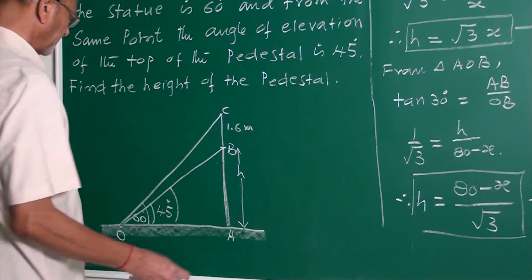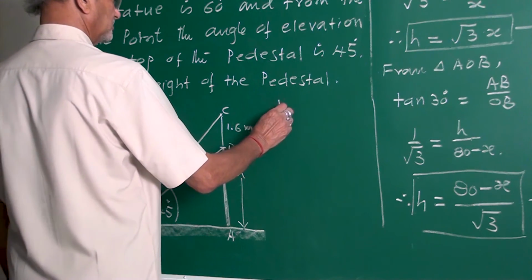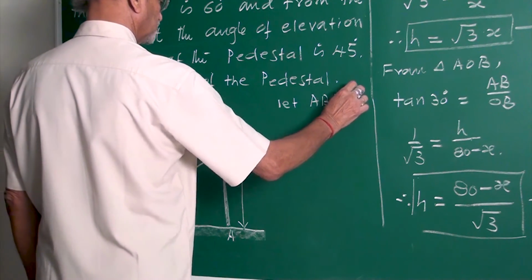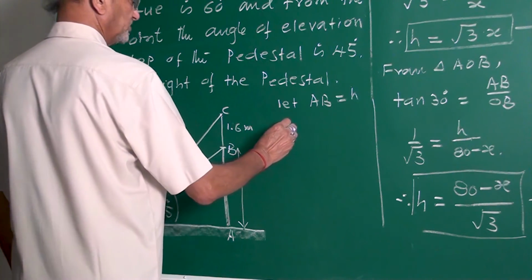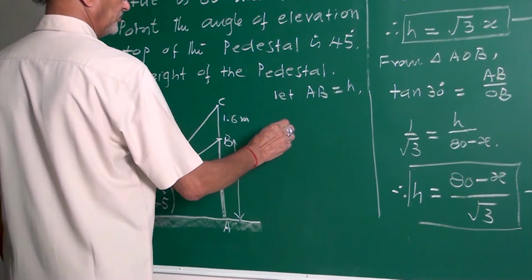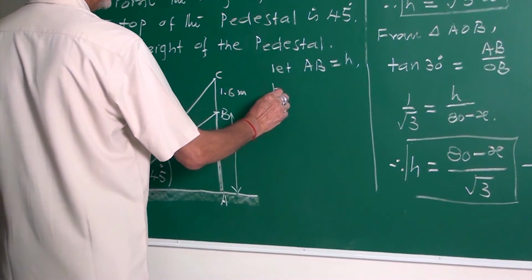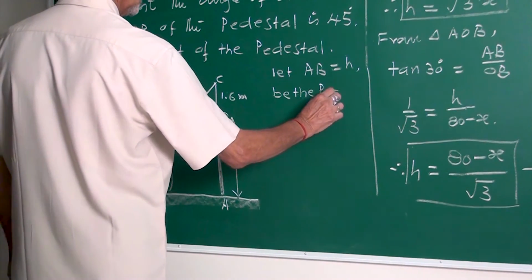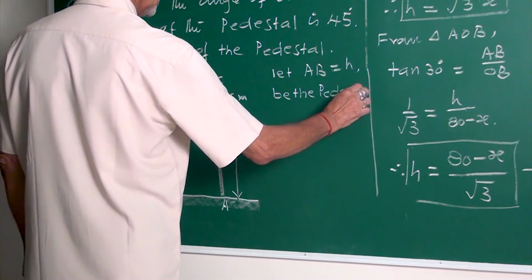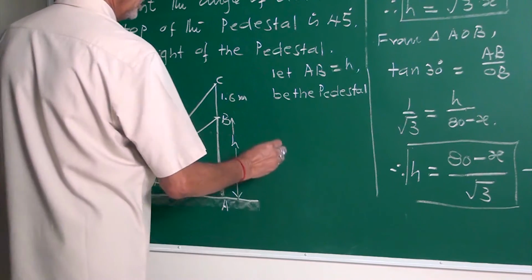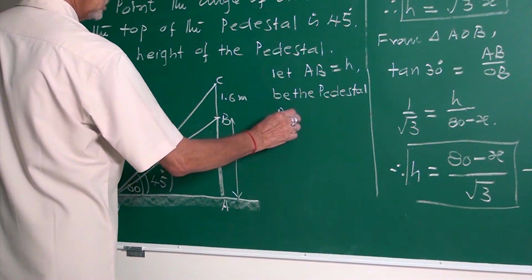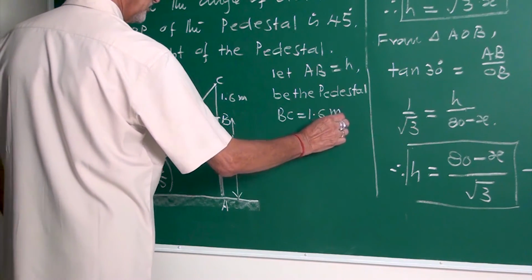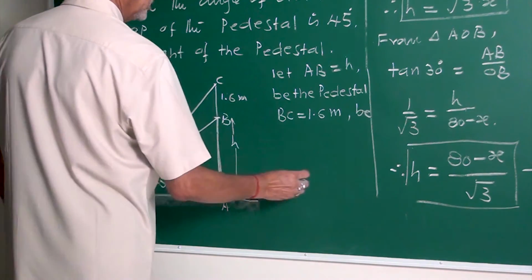Yes, write the things. Let AB equal to h be the pedestal, and BC is 1.6 meter, the statue.